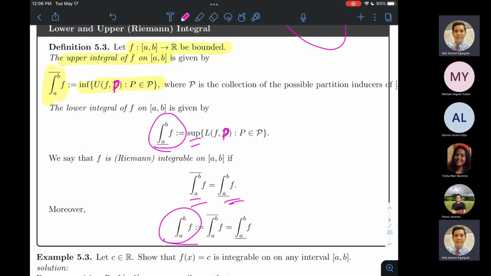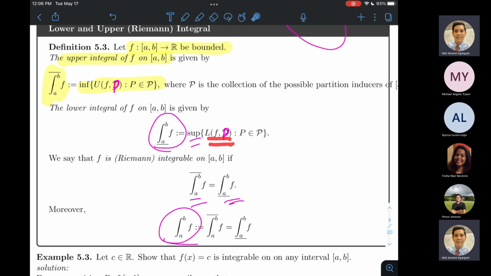Okay? Medyo nag-criss-cross yung pagma-maximize, pagma-minimize, right? Kasi yung upper Riemann sum, kukunin natin yung summation ng mga areas ng rectangles where the heights are the supremum of the function values all throughout the subintervals. Tapos pag nakuha mo na after taking suprema, kukunin mo yung infimum.